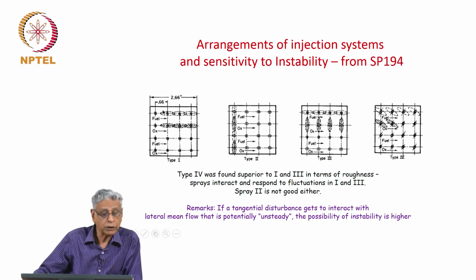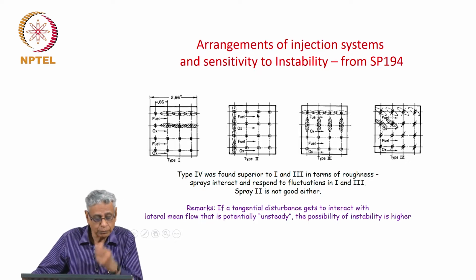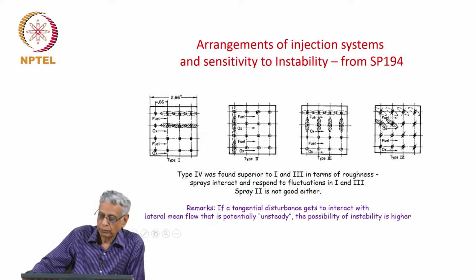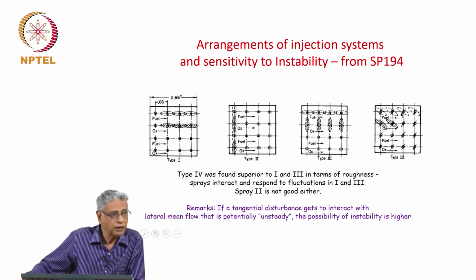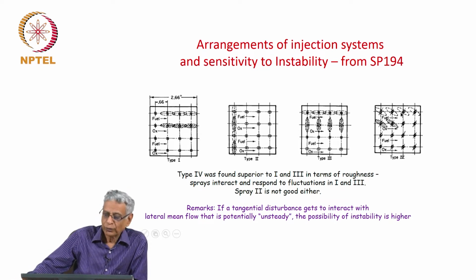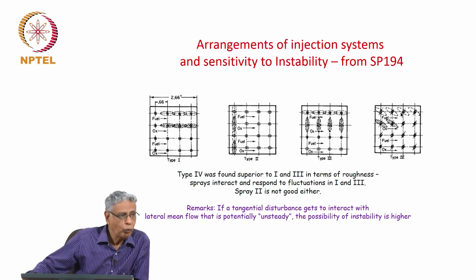And in this particular experiment, they have used liquid sprays using kerosene, and they interact and respond to fluctuations in 1 and 3. They conclude that spray 2 is not good either, but spray 4 seems to be not so bad. So you ask a question, why is it so?